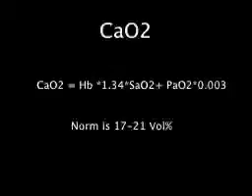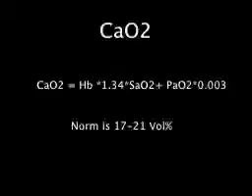And then you add to that value the PaO2, the partial pressure of oxygen in the artery, multiplied by its constant, 0.003. You know that 1.34 is a coefficient because we assume that every gram of fully saturated hemoglobin will carry 1.34 milliliters of oxygen, and we know that 0.003 is a coefficient because every millimeter of mercury of partial pressure of oxygen in the arteries will equate to about 0.003 milliliters per 100 milliliters of dissolved oxygen.